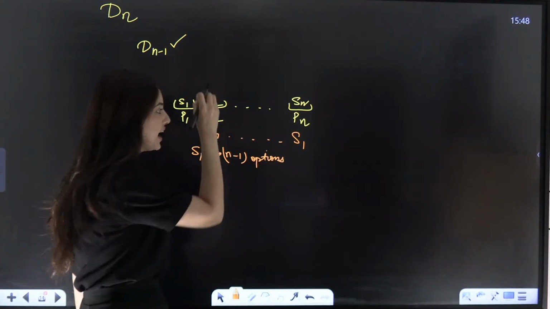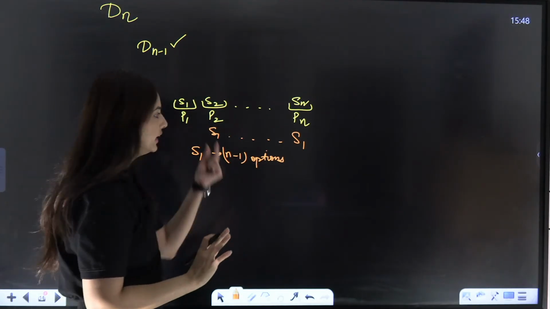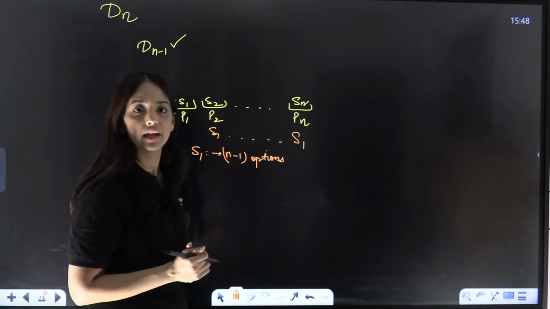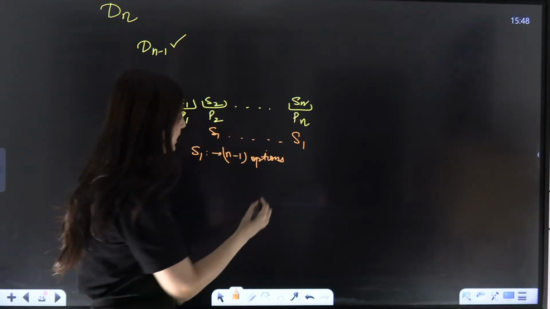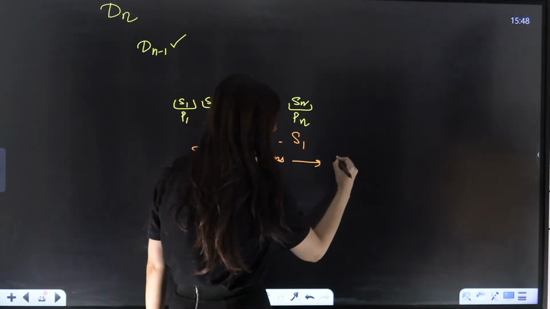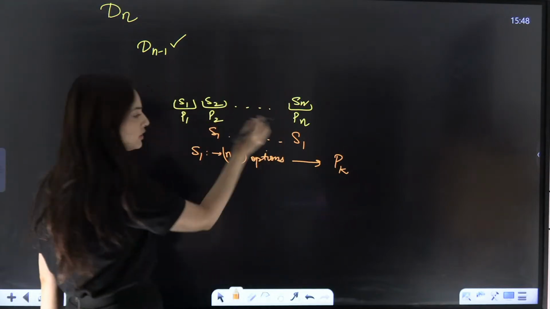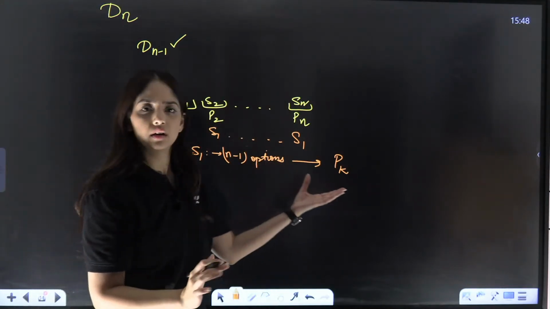Once I have placed S1 in one of these positions, then let's say I chose Pk out of 2 to n.